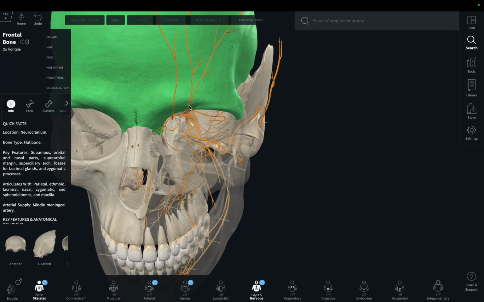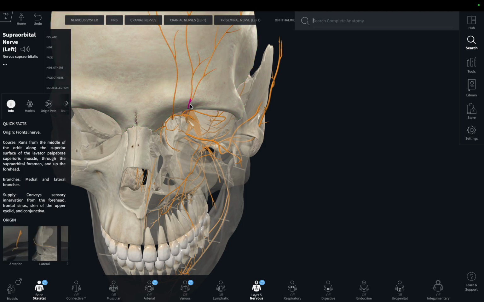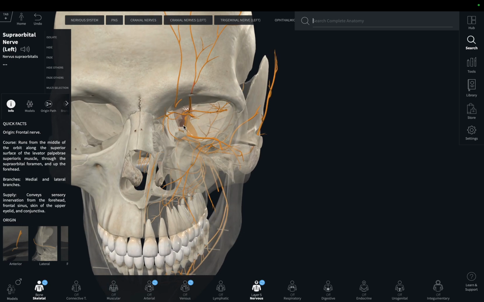These both serve to supply sensation from the forehead, frontal sinus, skin of the upper eyelid, and conjunctiva.